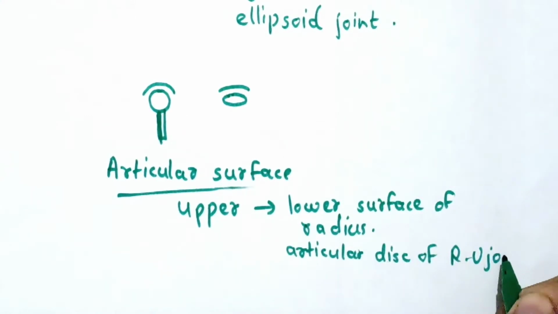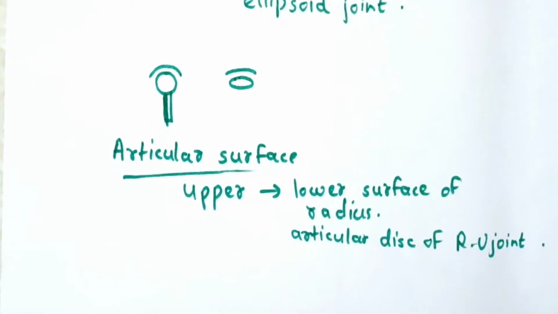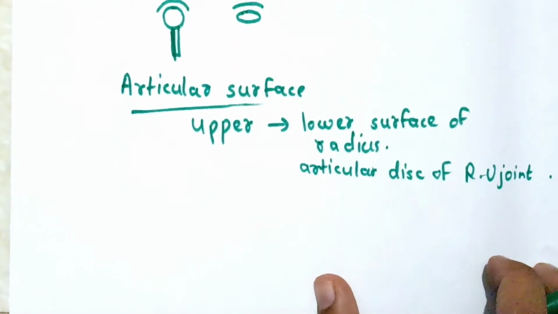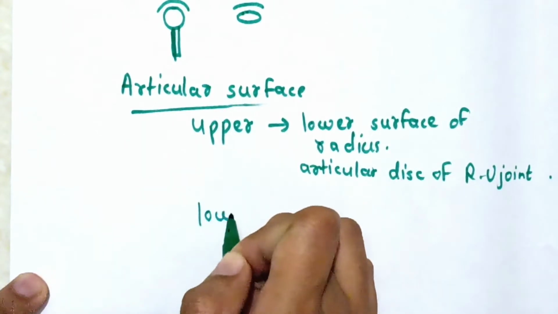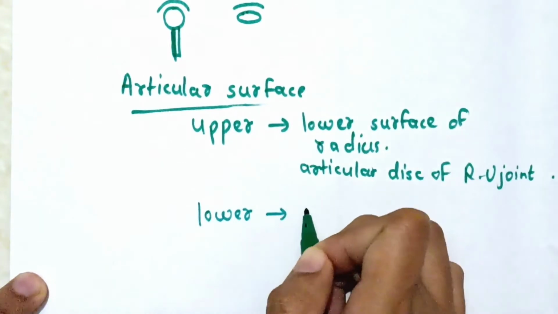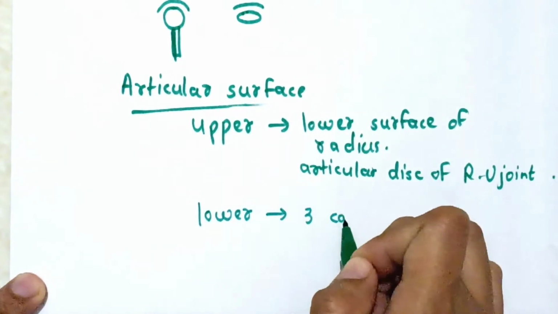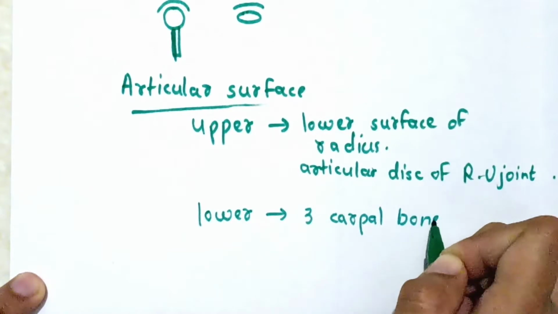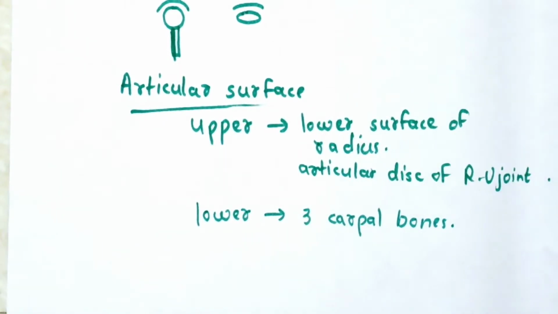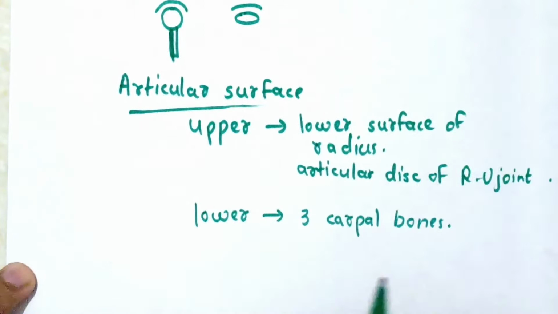The ulna is not participating in the formation of the wrist joint, and the lower articular surface is formed by the three carpal bones of the proximal row, which are in direct contact with the radius.